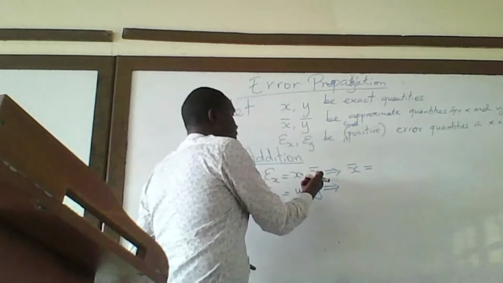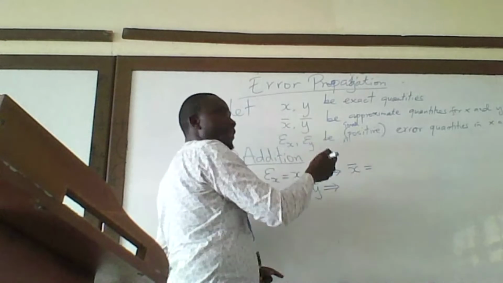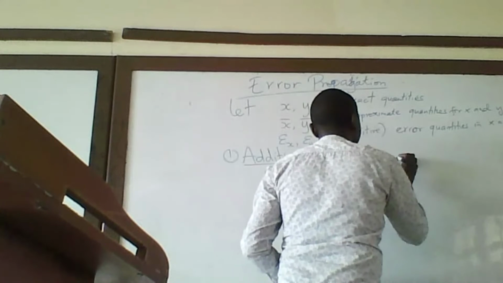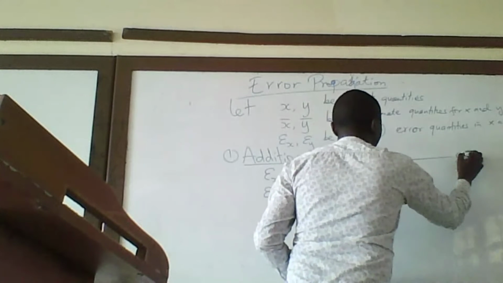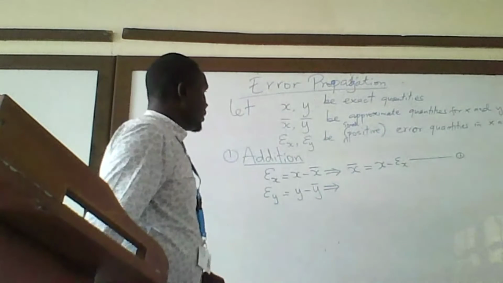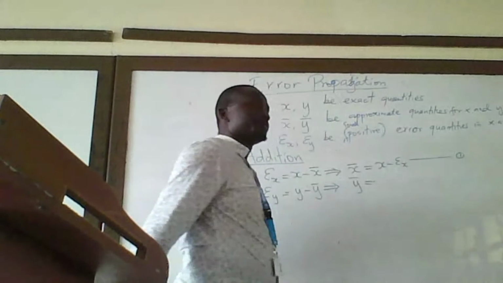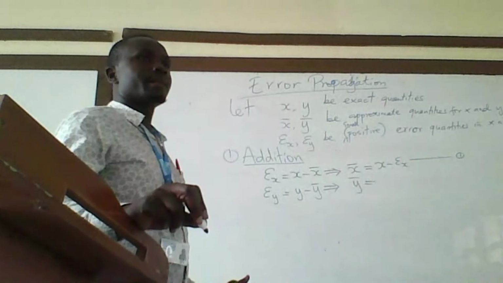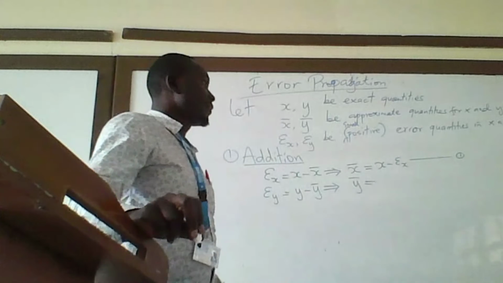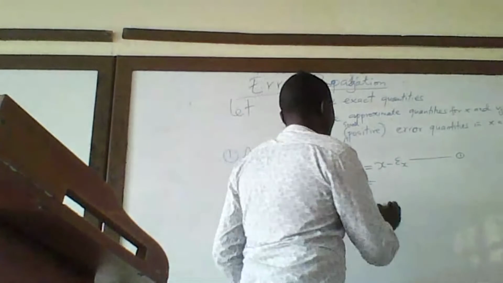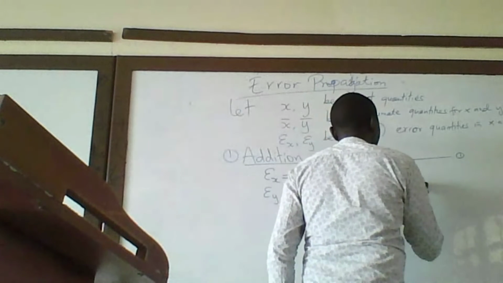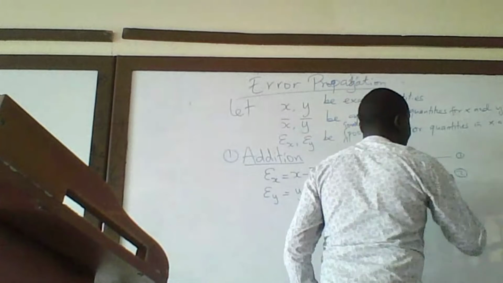Because it's like take this to the left, then this to the right. So x bar equals x minus error in x. Call it equation 1. Then similarly, y bar will be y minus error in y. Call it 2.